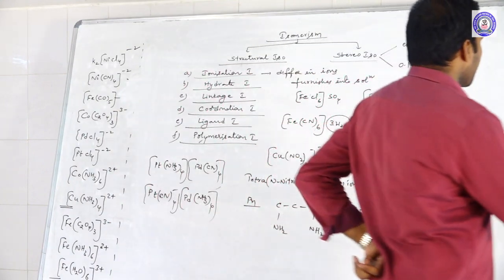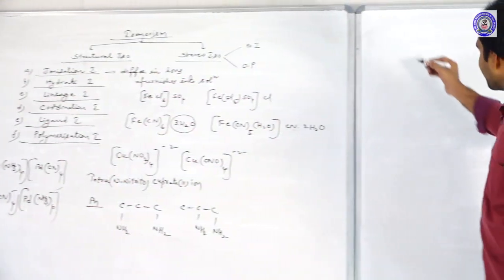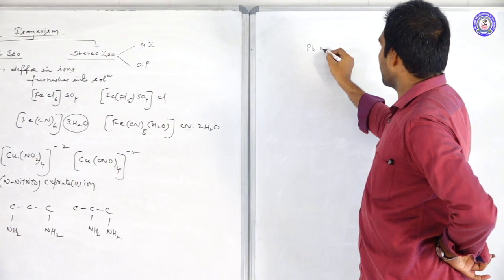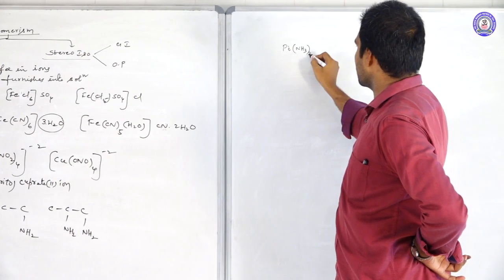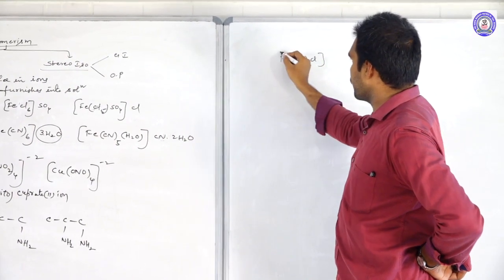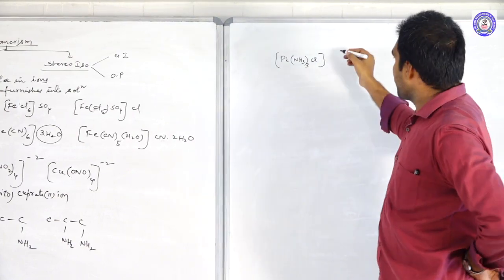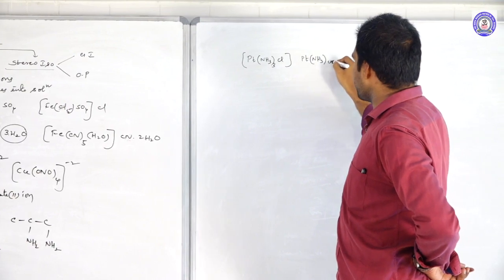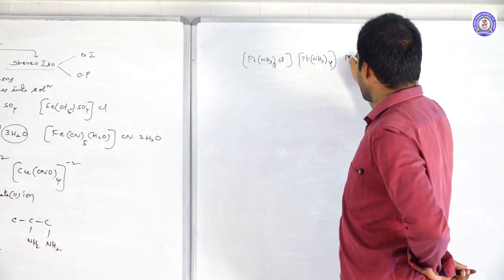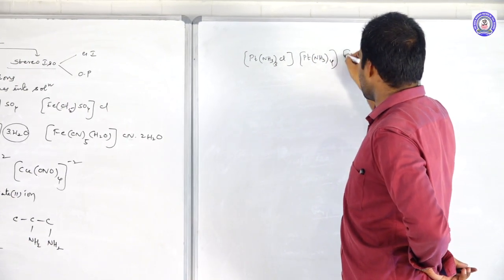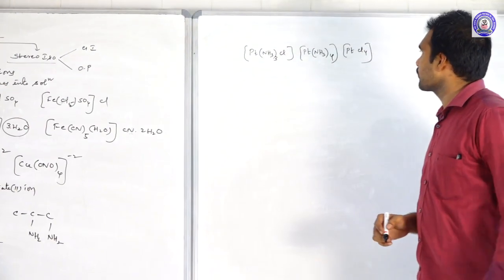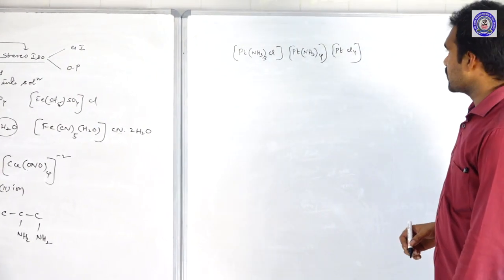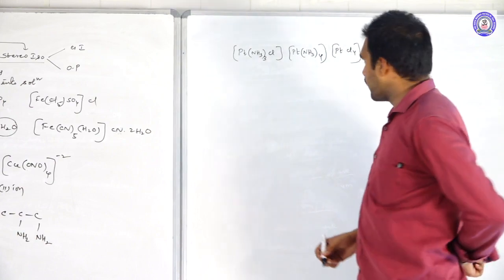Now let us take an example. See that: platinum NH3 Cl, platinum NH3 4, platinum Cl4. So this is the complex. Now how am I going to write?